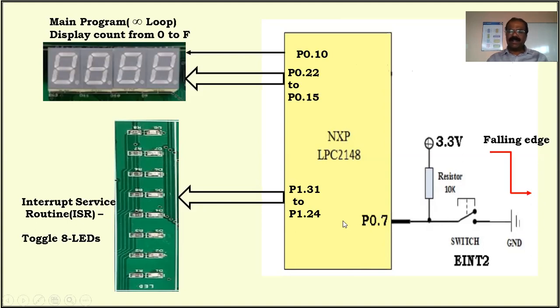Then the microcontroller comes to know that there will be a request during a transition. It may be a negative edge, that is high to low, or a positive edge, low to high. 1 to 0 means negative, 0 to 1 means positive.